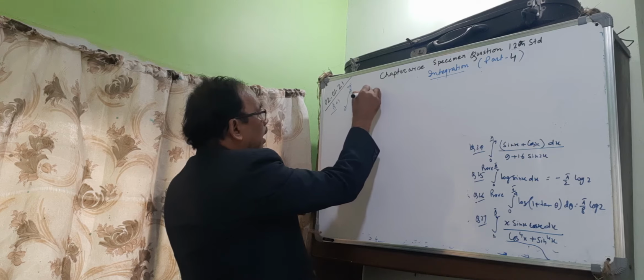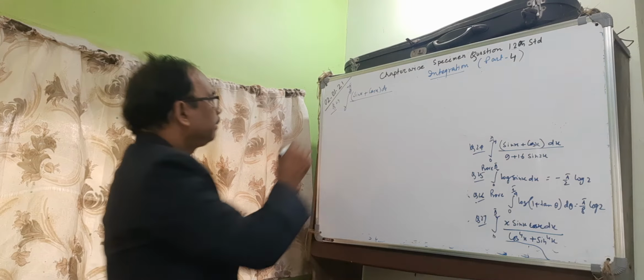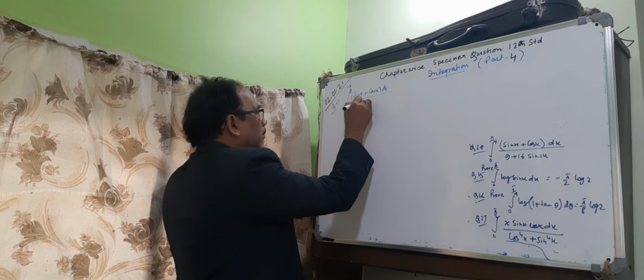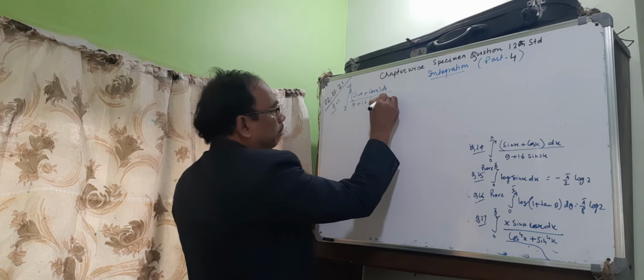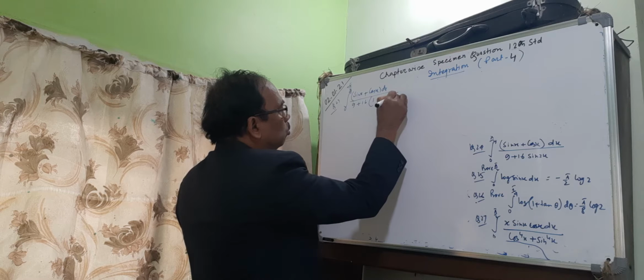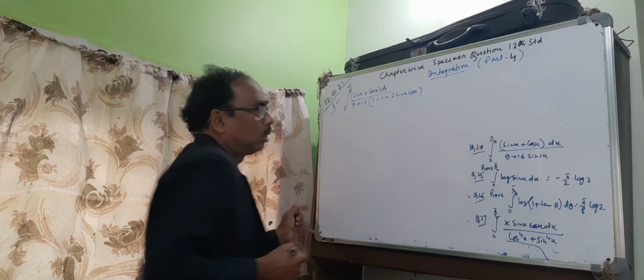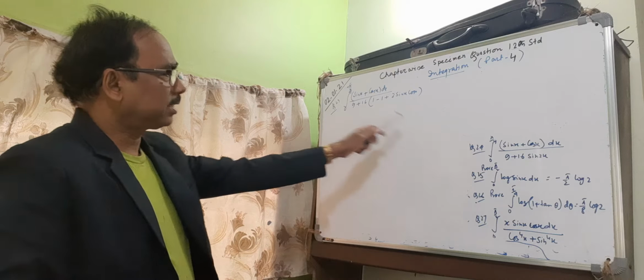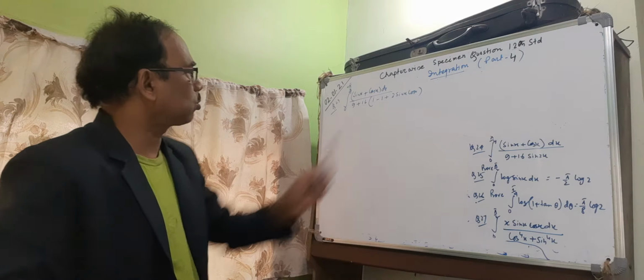Sin x plus cos x dx over 9 plus 16 sin 2x. We can write 9 plus 16 times (1 minus 1 plus 2 sin x cos x), where sin 2x is 2 sin x cos x. Why?